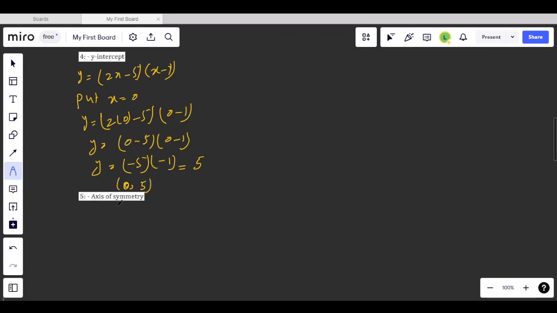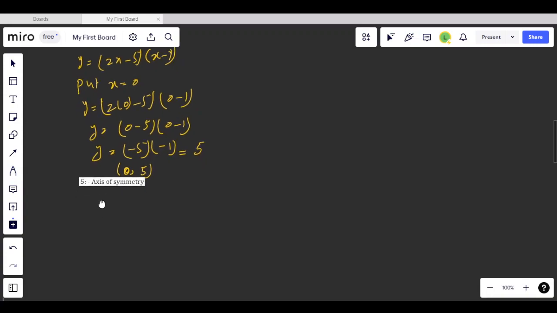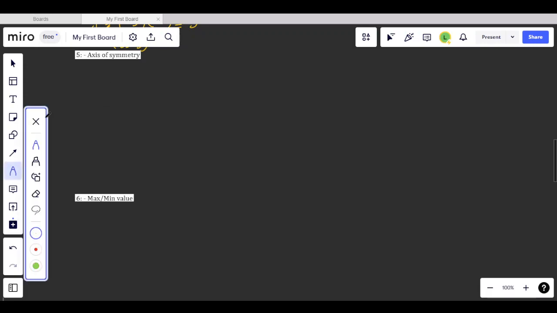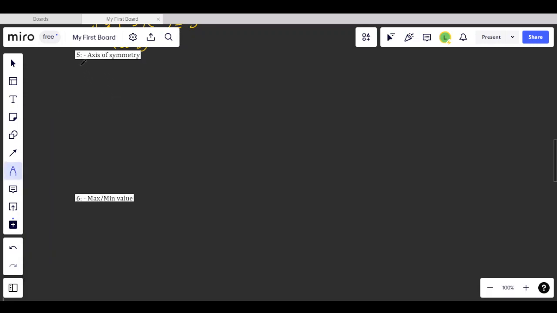Now let's head forward to finding the axis of symmetry. To find the axis of symmetry, we need the standard form. The standard form of the function, if you can remember, is y is equal to 2x square minus 7x plus 5.